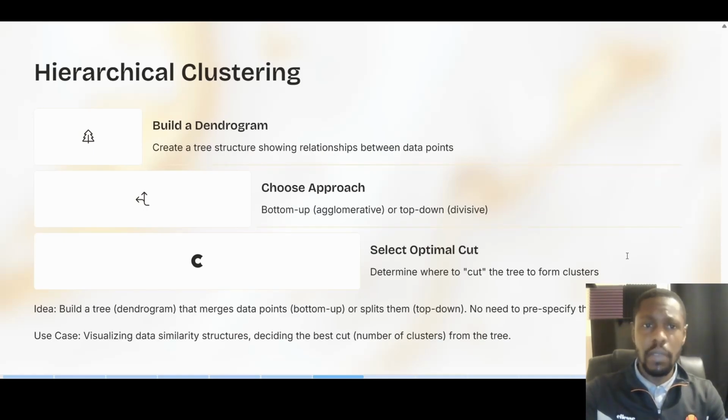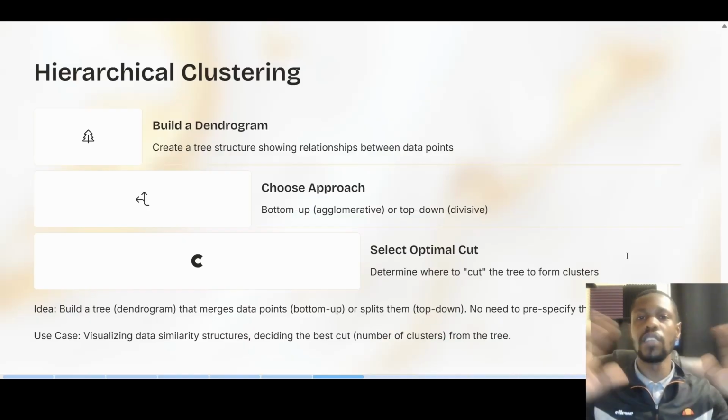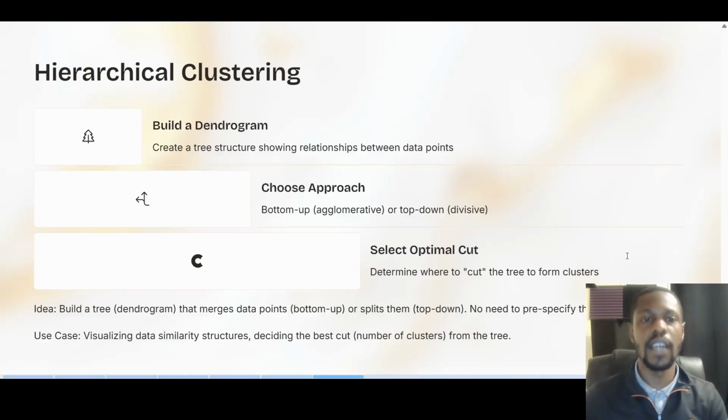Another clustering method that we have is hierarchical clustering, and this essentially is likened to a family tree. One form of hierarchical clustering is known as a dendrogram, and we're going to also take a look at this later on in the lesson. So building a dendrogram, we essentially create a tree structure showing the relationship between the data points. We choose an approach, whether that is bottom up or top down, and then we select an optimal cut.